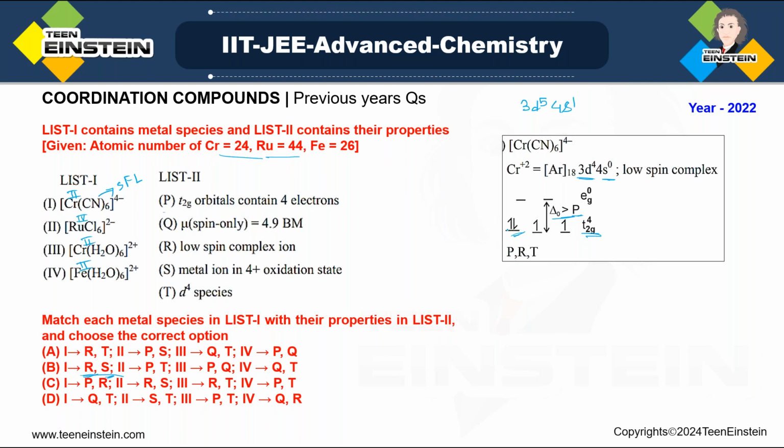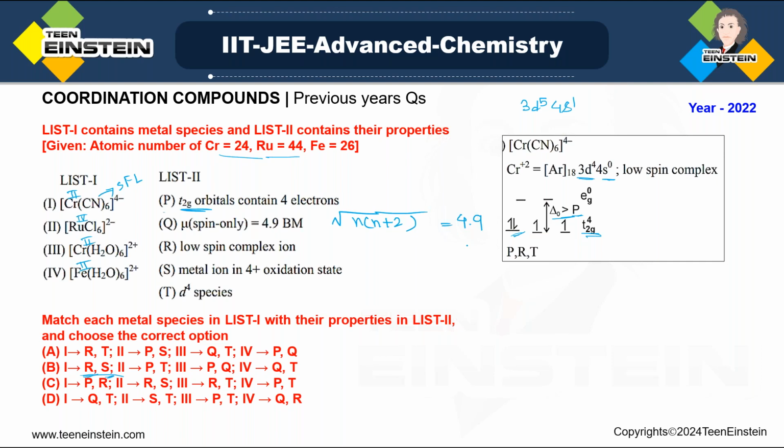Now come to the P, Q, R, S, T with which it is matching. It is P matching with P because t2g orbitals contain 4 electrons. This is true for this. Now Q is saying 4.9 BM. So this value, 4.9, what does it mean?